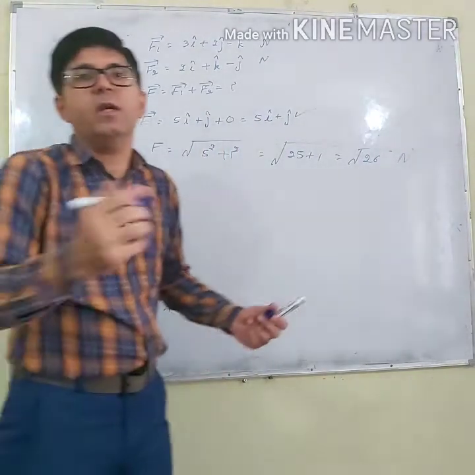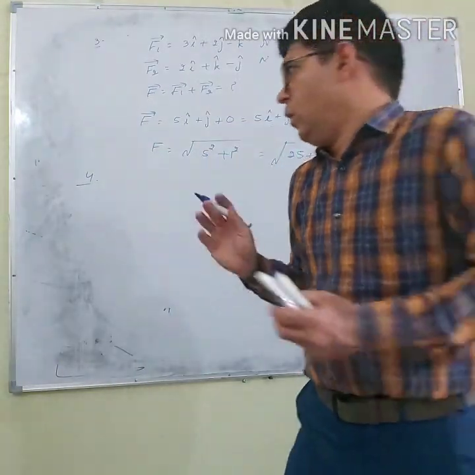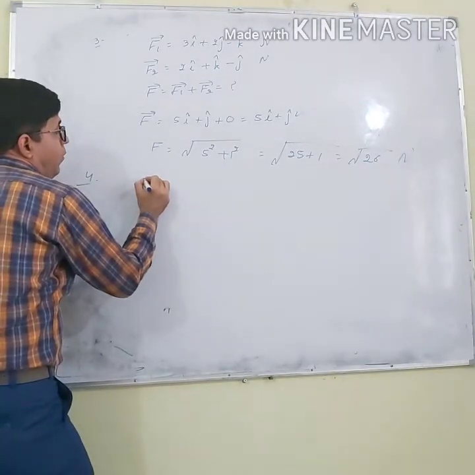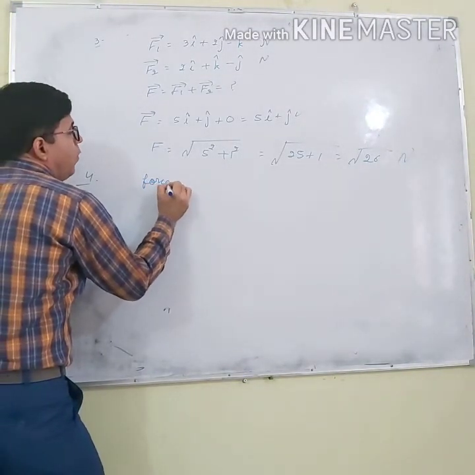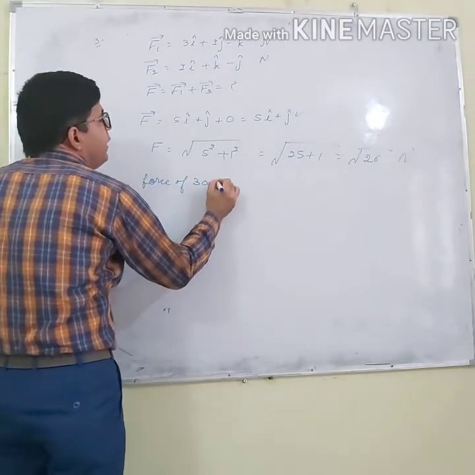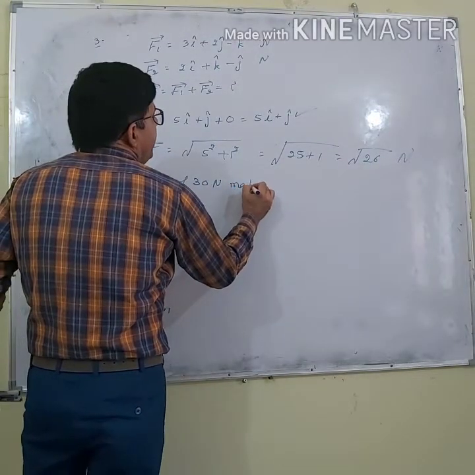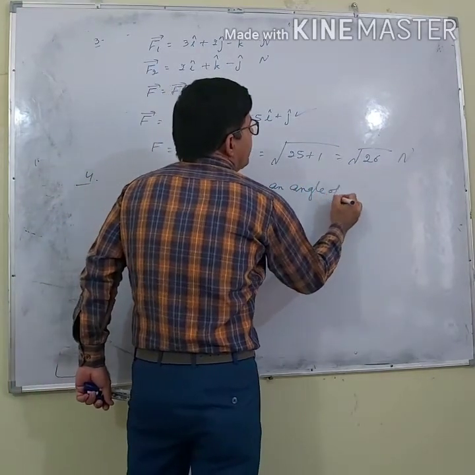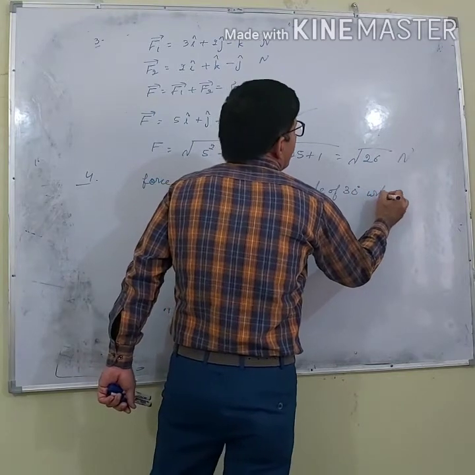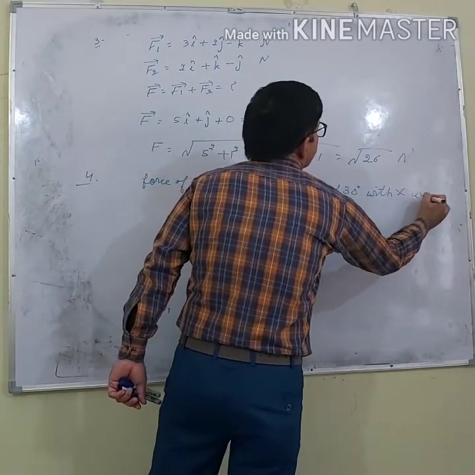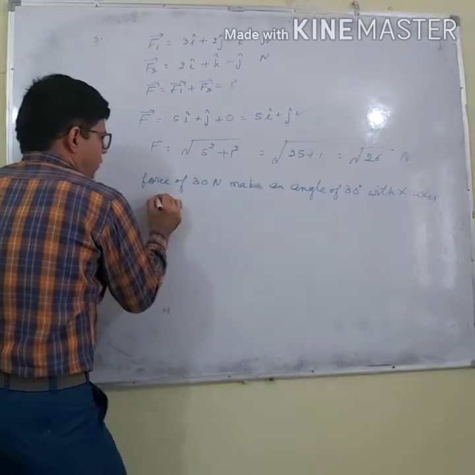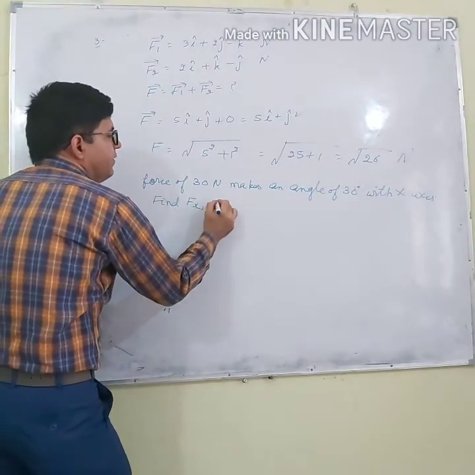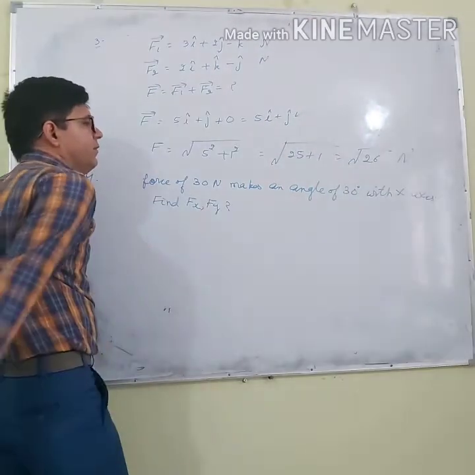Now, question number 4. Let us say a force of 30 Newton makes an angle of 30 degree with x-axis. Find the component of force along x-axis and y-axis.